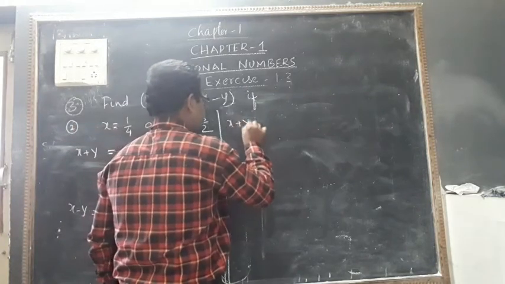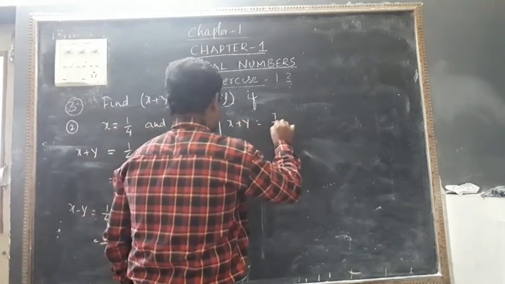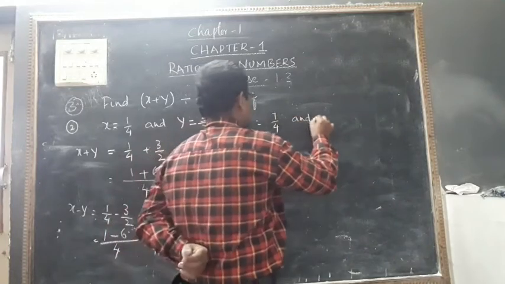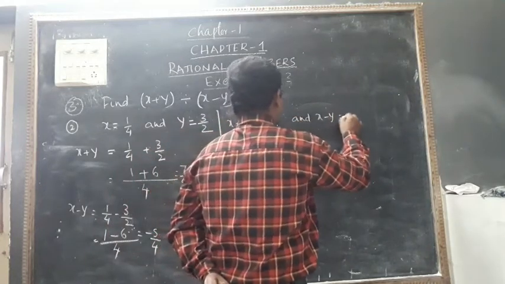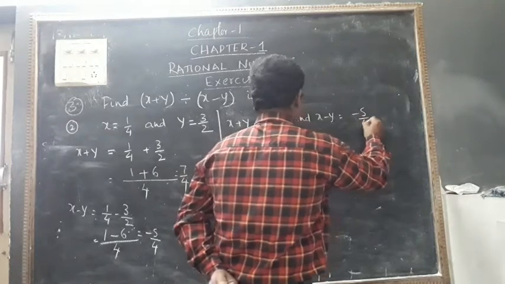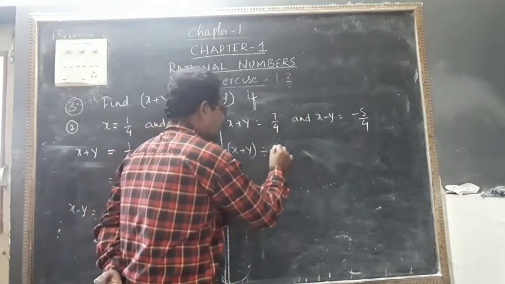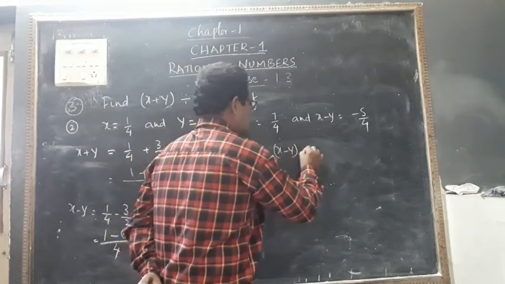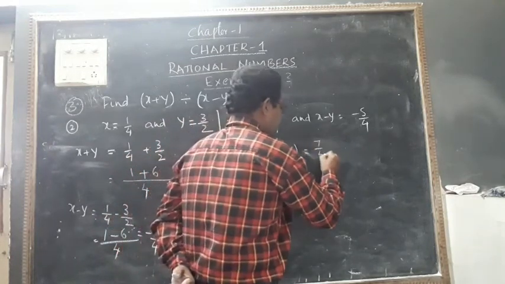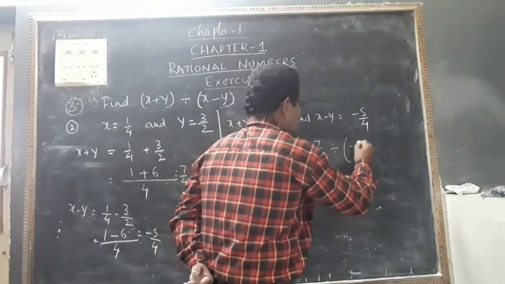So x plus y is equal to 7 by 4 and x minus y is equal to minus 5 by 4. Now x plus y divided by x minus y is equal to 7 by 4 divided by minus 5 by 4.